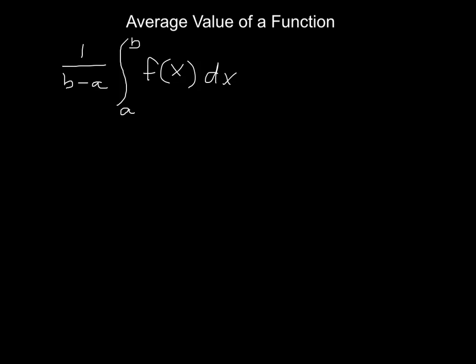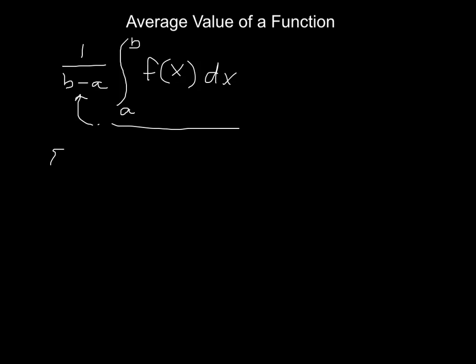With integration, we also have a new formula. Once you know a definite integral, we can now apply what we call the average value of a function. So very simply, you find the definite integral and you multiply it by a constant of 1 over b minus a.